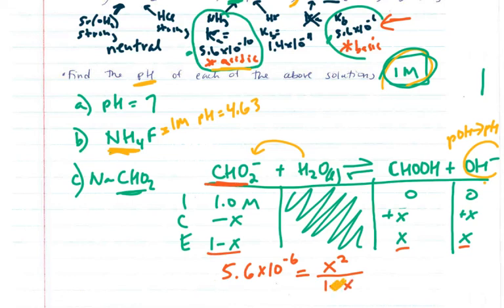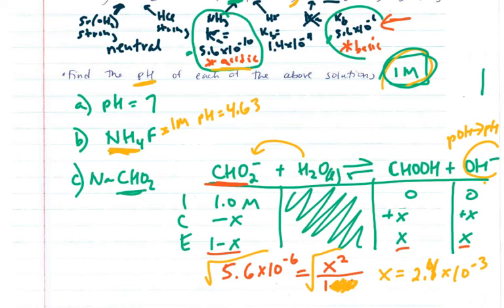We assume that this is negligible, and we take the square root of both sides of the equation, and we get x equals the square root of 5.6 EE negative 6, which is 2.4 times 10 to the negative 3.